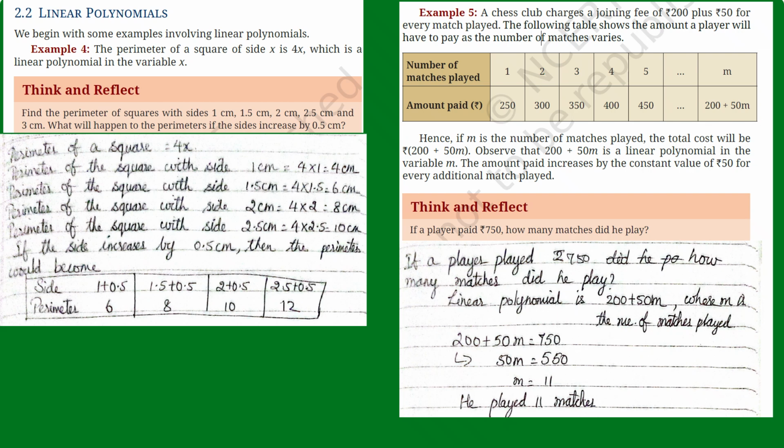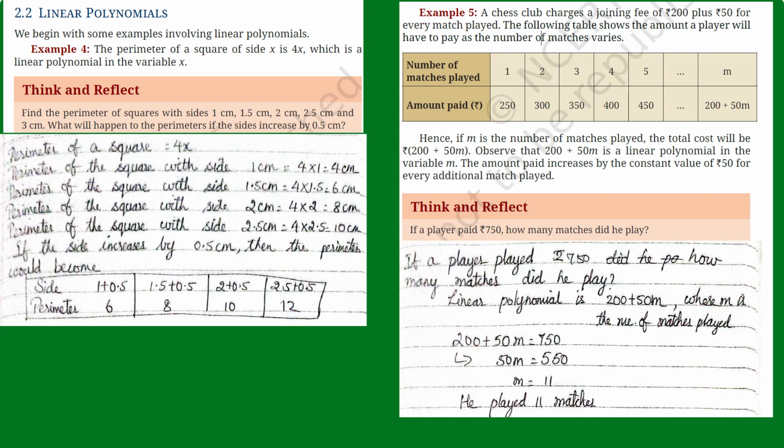So each one of these sides is increased by 0.5. Like 1 becomes 1.5, 1.5 becomes 2, 2 becomes 2.5, 2.5 becomes 3 and 3 becomes 3.5. In each of these cases, they are asking what would happen to the perimeter of the square.